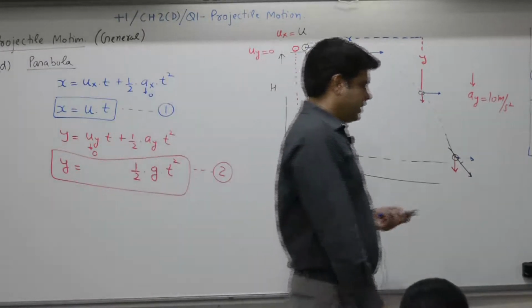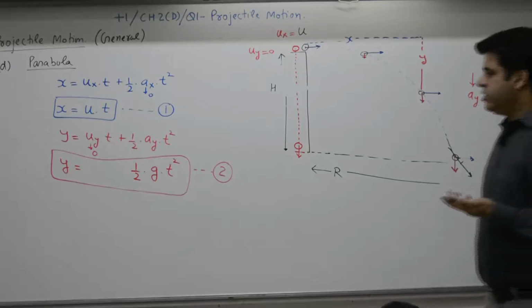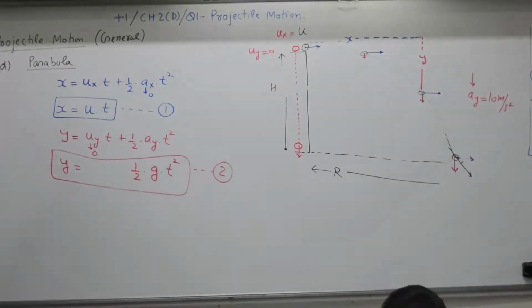Put value of t, that is x by u, from equation number 1 in equation number 2.